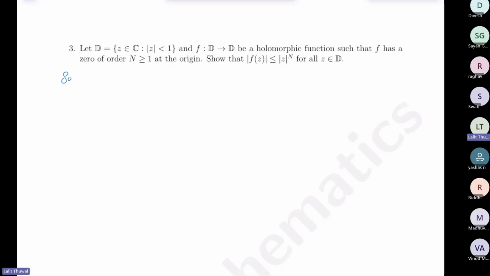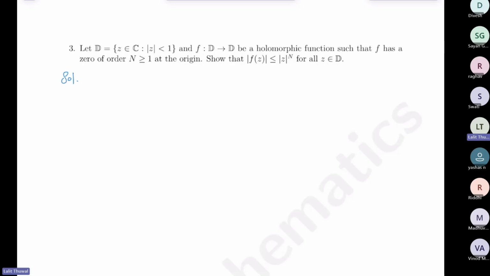So let's start. You are given that f has a zero of order n, with n greater than or equal to 1. So what does this imply, by the way, in terms of derivatives? If a holomorphic map has a zero of order n, what does that mean?